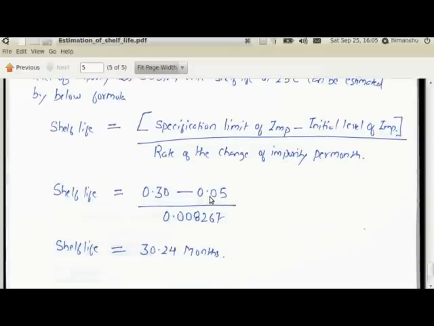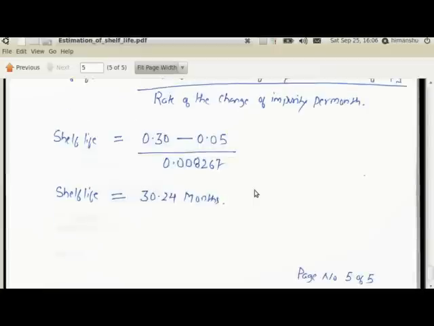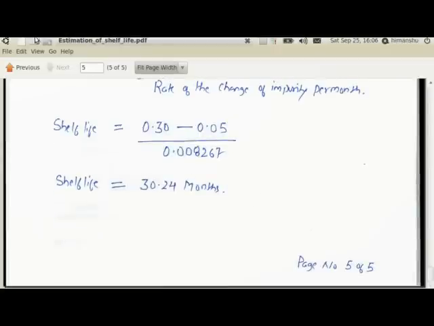It is a simple calculation: 0.30 minus 0.05 divided by the rate of the change of impurity per month that we just calculated. Solving this equation, we get the shelf life of the product, that is 30.24 months.